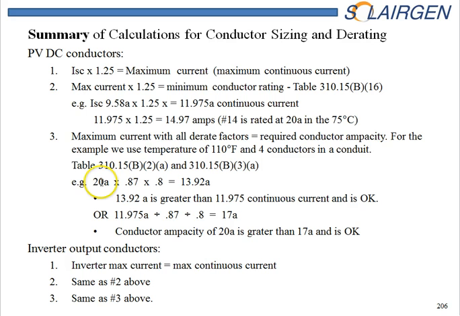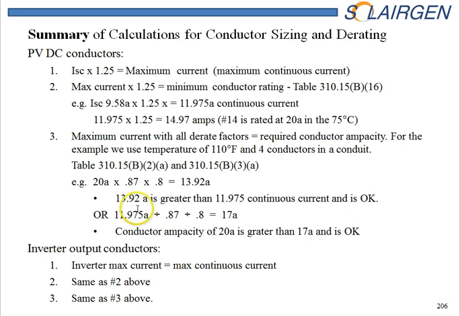We multiply the 20 amps, which is what that number 14 conductor is rated, times 0.87 times 0.8 gives us 13.92. So that's the actual ampacity of the conductor now with the environment that we've placed it in. Is it okay? Is it good enough? Or do we have to go to a larger conductor? Well, we compare that number to the continuous current that we calculated up here in step 1.